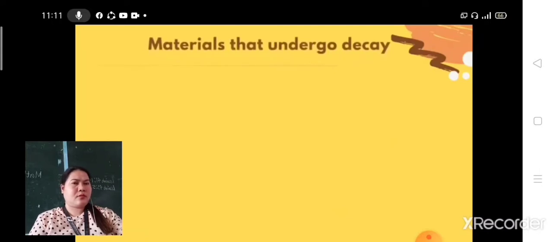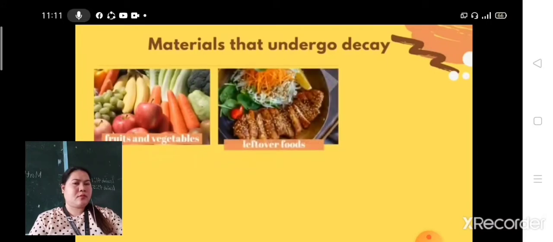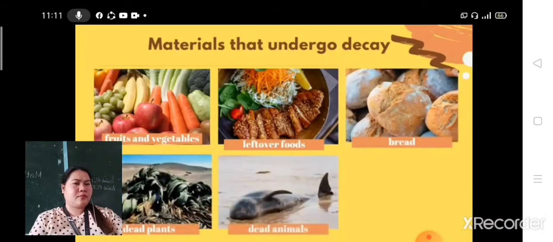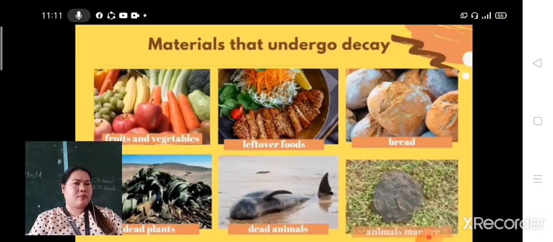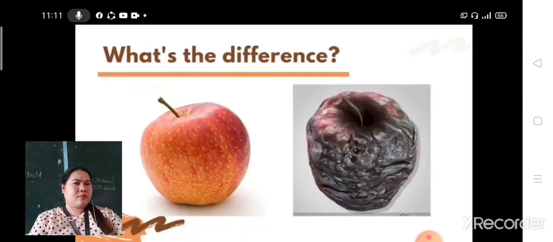Here are some examples of materials that undergo decay: fruits and vegetables, leftover foods, bread, dead plants, dead animals, and animals' manure. What's the difference between apple on the left and an apple on the right.